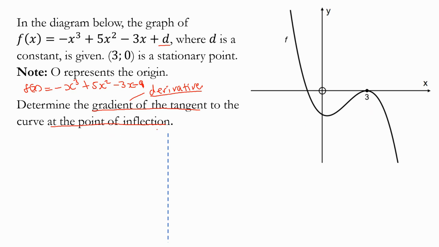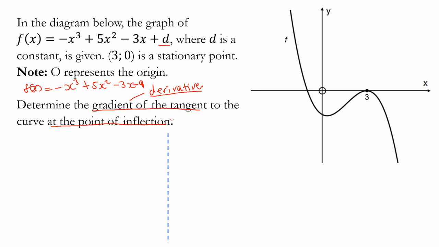And then where? At the point of inflection. So we need to get the x coordinate of the point of inflection. We don't need the y coordinate now, just the x coordinate is fine. Then we're going to substitute that x coordinate into our derivative to get the gradient.